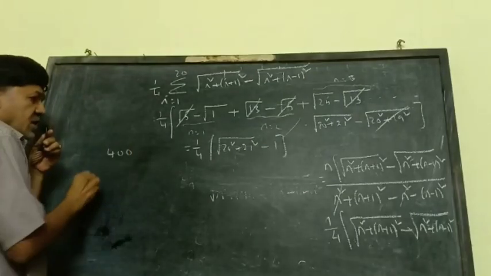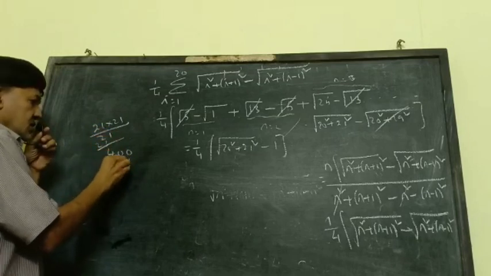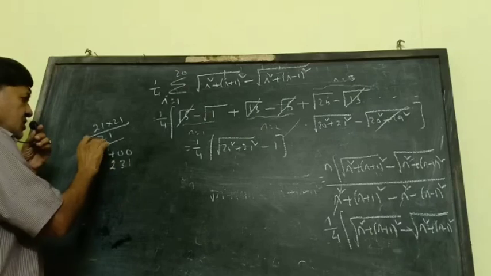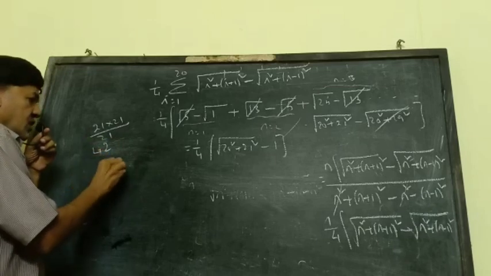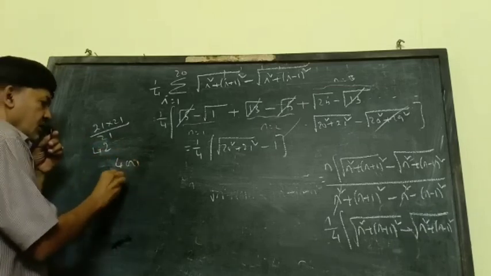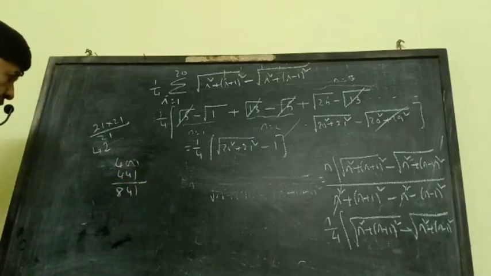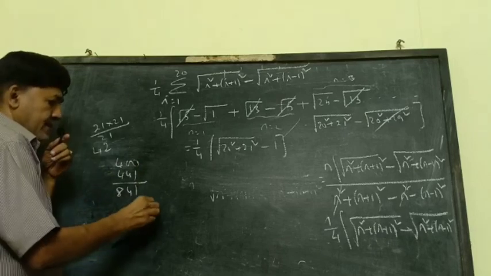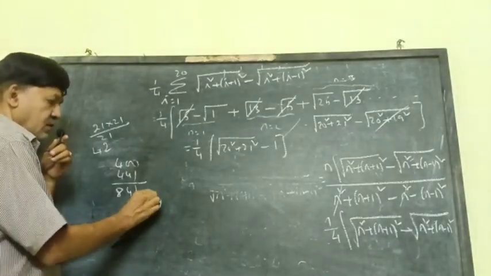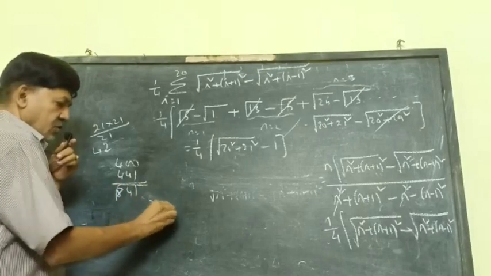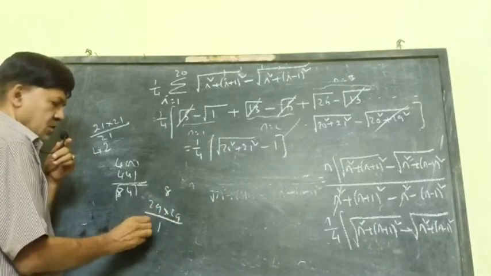20 square is 400. 21 square is 441. So 400 plus 441 is 841. What is the square root of 841? It is 29.